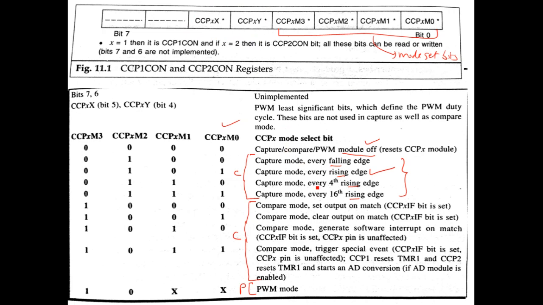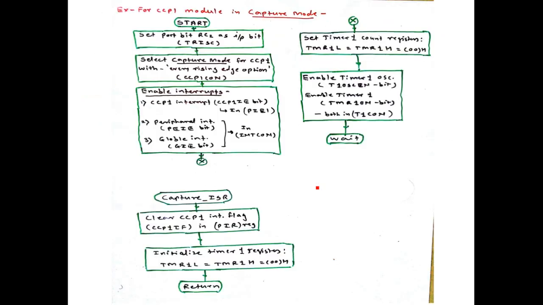Once you understood this, let's see how to write a program to use the CCP module. Suppose you want to write a program to use, say, the CCP1 module in capture mode. Then the program will have to do these steps.